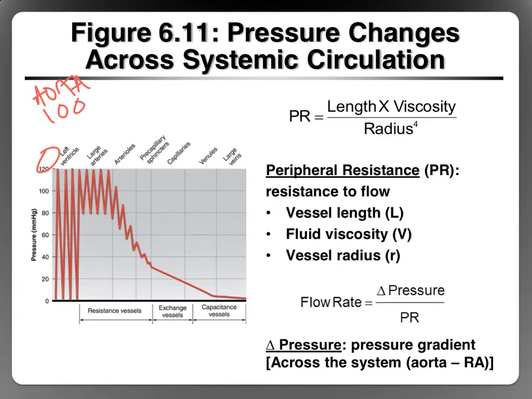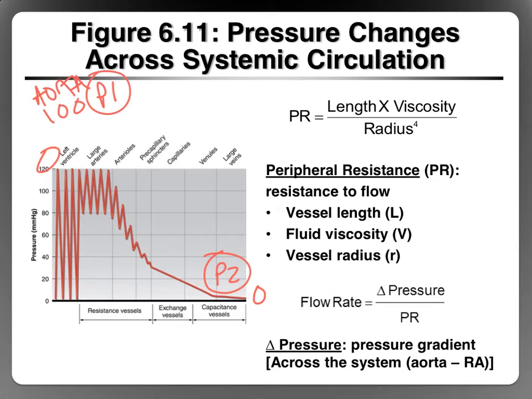And as we move through the system, from your left ventricle to your aorta, to your arteries, to your arterioles, your capillaries, your venules, your veins, we end up back in the right atrium with a pressure of about 0. So we've got this pressure gradient. This is P1, this is P2. Okay, the pressure here is much higher, and that's why blood flows from the arteries into the veins, because of this pressure gradient.